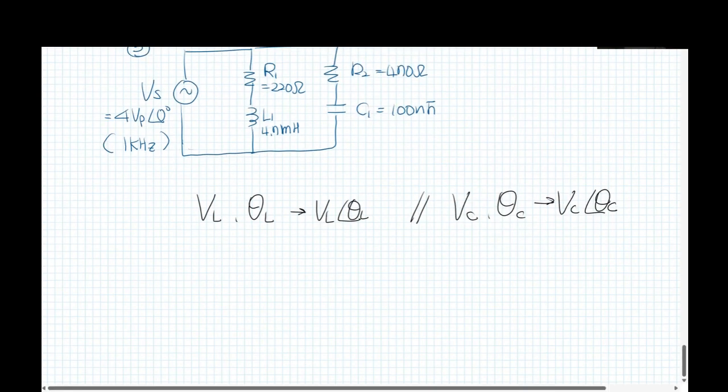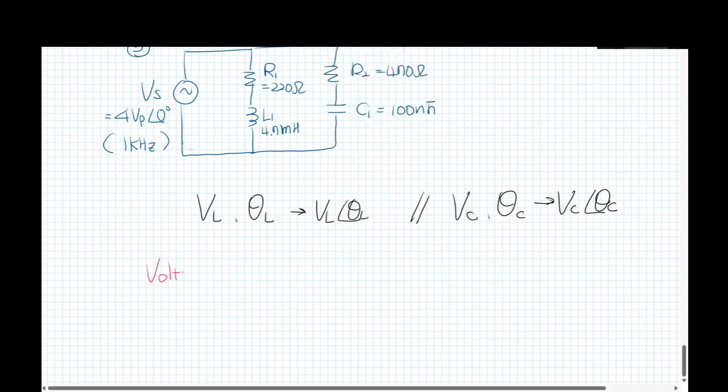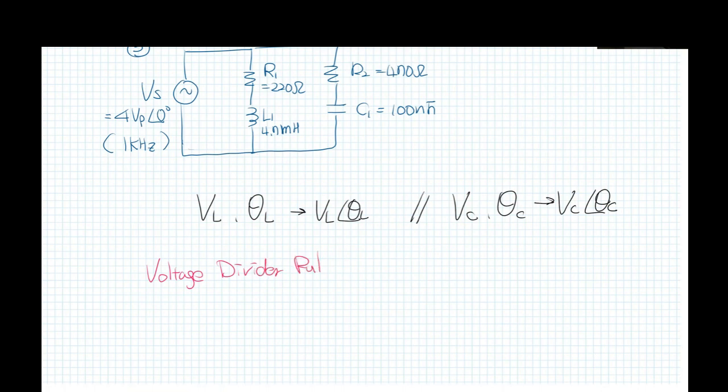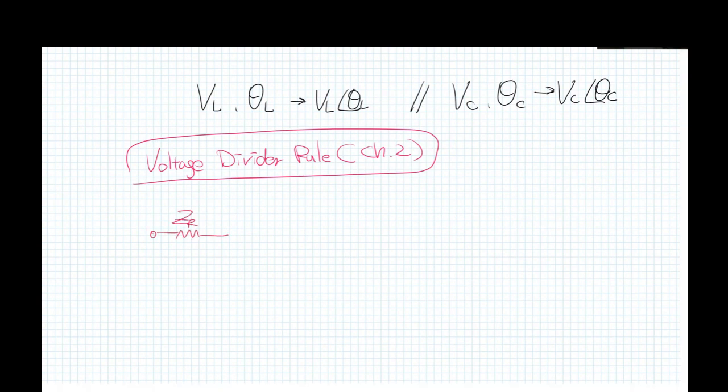All right, first of all, you have to know the concept of the voltage divider rule. You can go back to chapter 2 for the voltage divider rule. For example, take Z sub R and Z sub C with a full voltage.